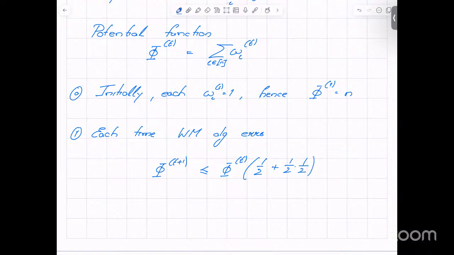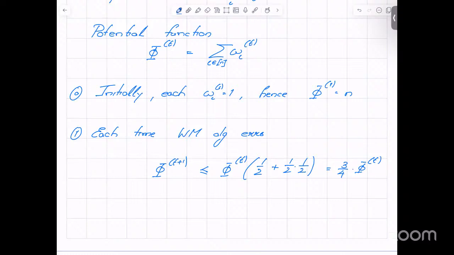Therefore, each time the algorithm errs, this potential function reduces by a factor of 3/4.